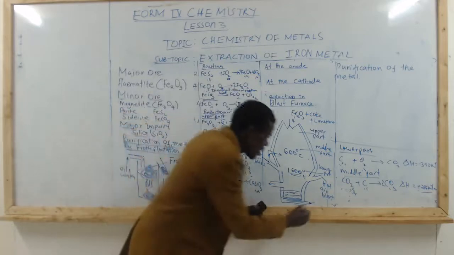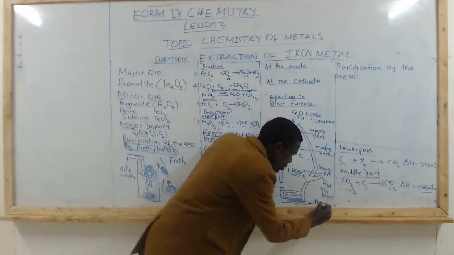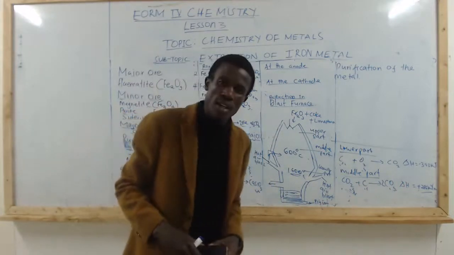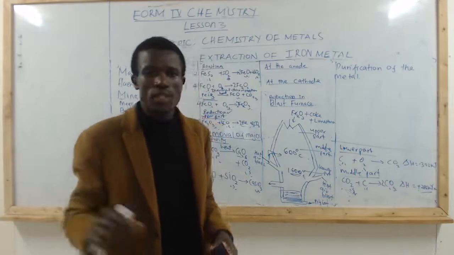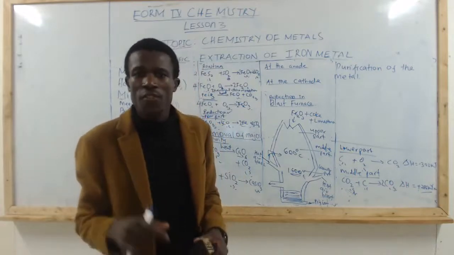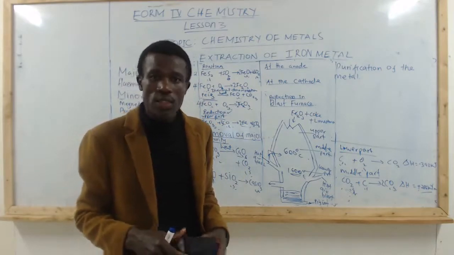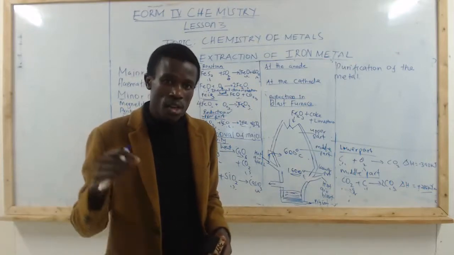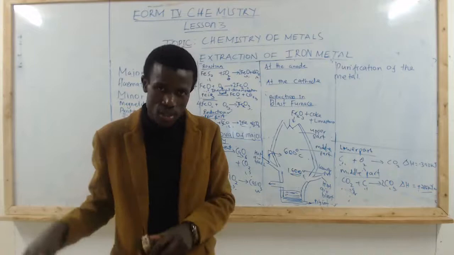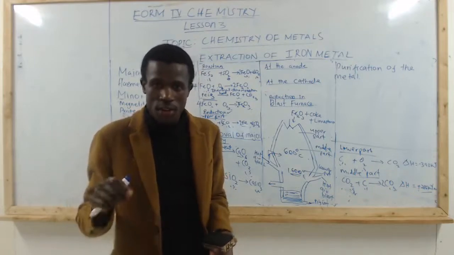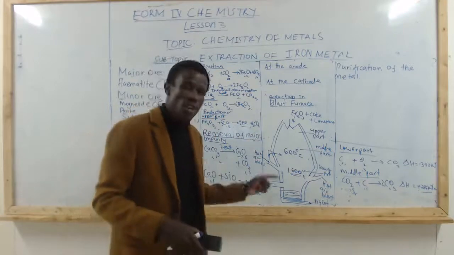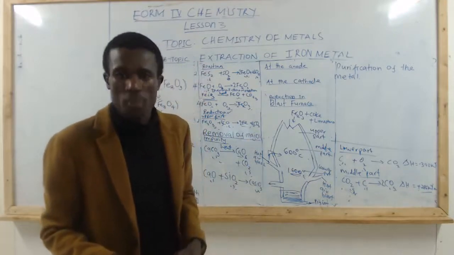And the iron comes out in form of pig iron. We call it pig iron because it is not 100% pure. It has got some traces of impurities like phosphorus, manganese, sulfur. We have removed the silica and other impurities, but manganese, sulfur, phosphorus were not removed, and therefore they make iron not 100% pure.